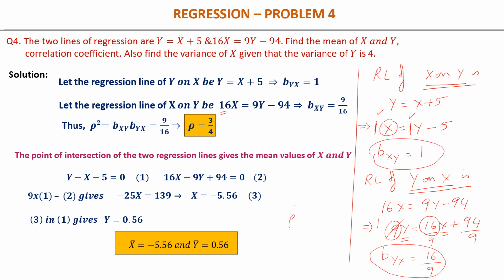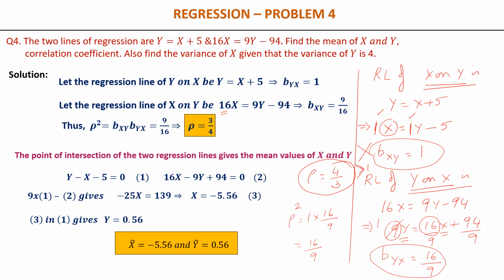Multiplying the two, rho square is 1 into 16 by 9, which is 16 by 9. So can I say rho here is 4 by 3, and is it possible? It is absurd, because this is greater than 1, and we know that the rho value cannot be greater than 1.